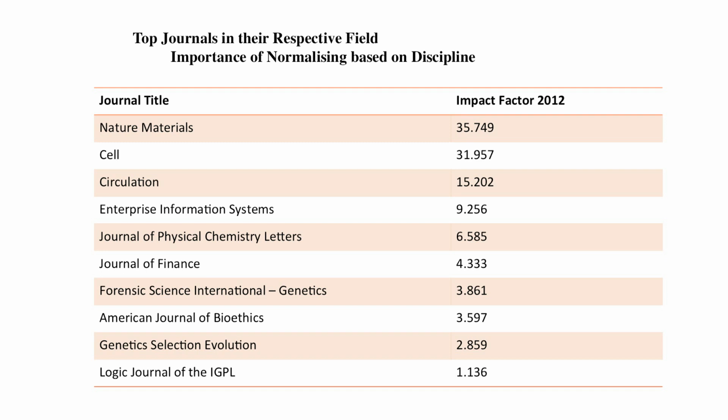Journals like Nature Materials, Cell, Circulation: I have picked representative journals from different disciplines, and you see that the Journal of Finance has an impact factor of 4.3, whereas the highest impact factor is for Nature Materials, which is 35.749.